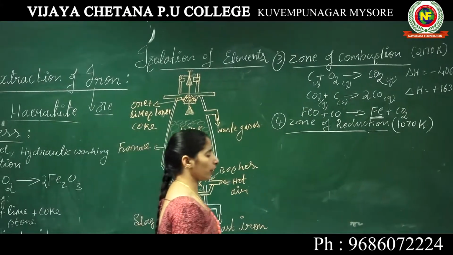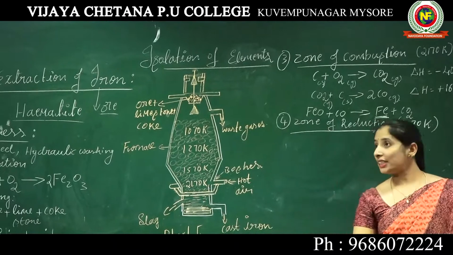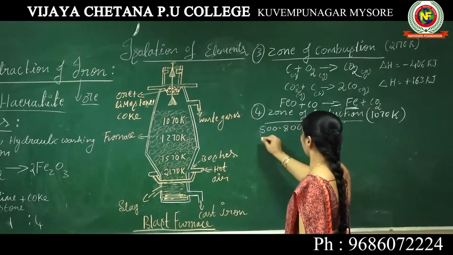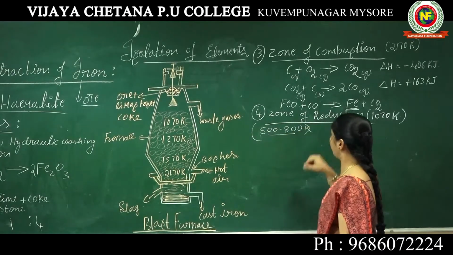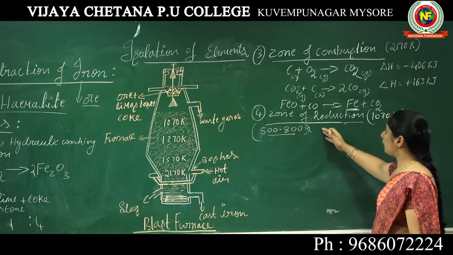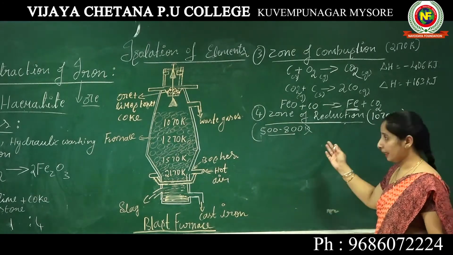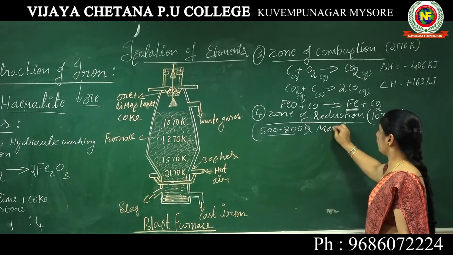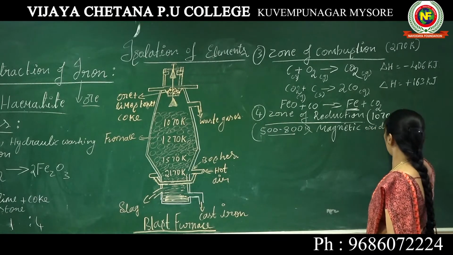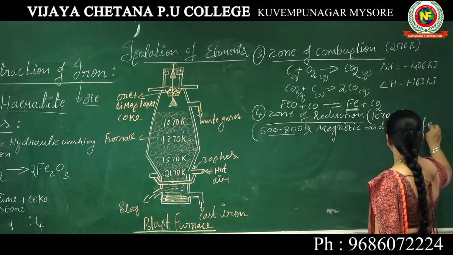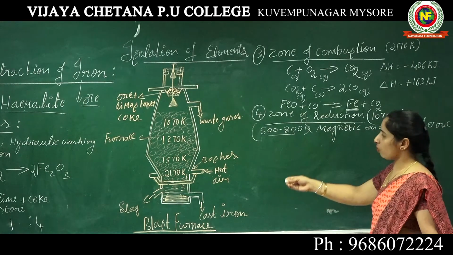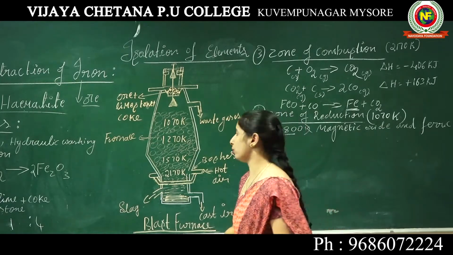So in this zone of reduction, what happens? At this low temperature, at 500 to 800 Kelvin, the magnetic oxide and ferric oxide get reduced.